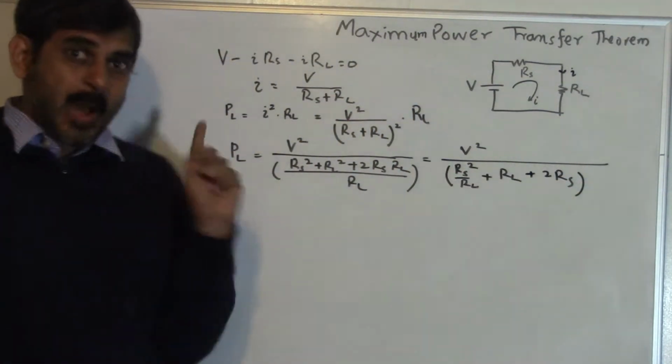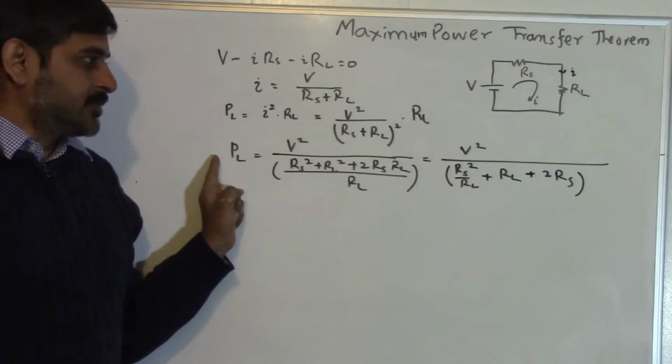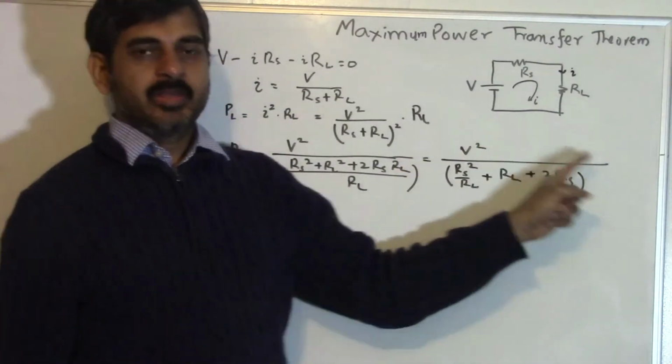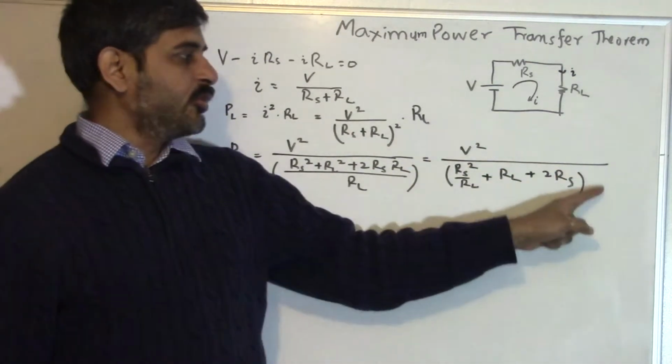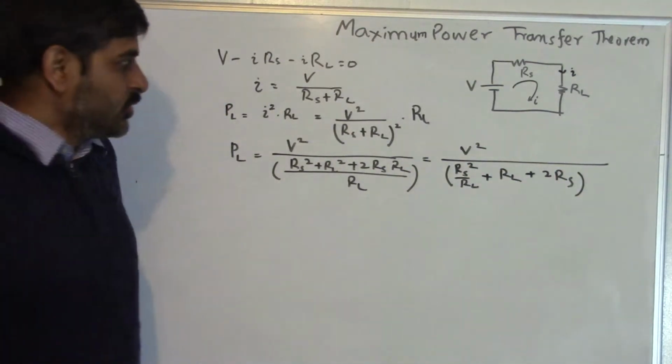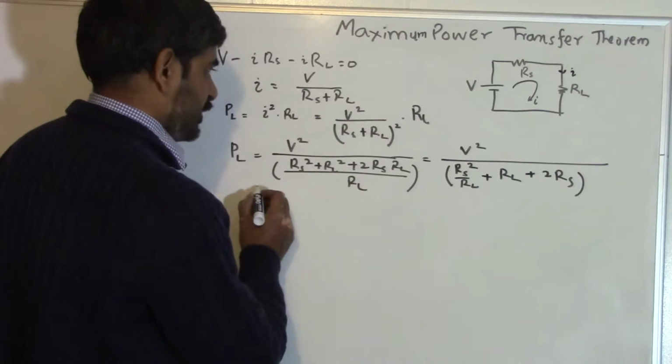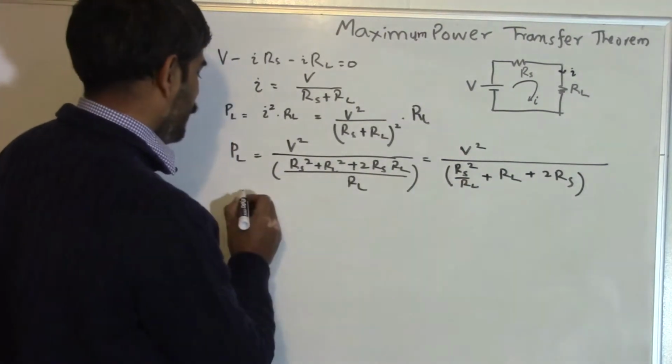So this power can be maximum when this whole term in the denominator is minimum. The problem reduces to how to minimize this term.